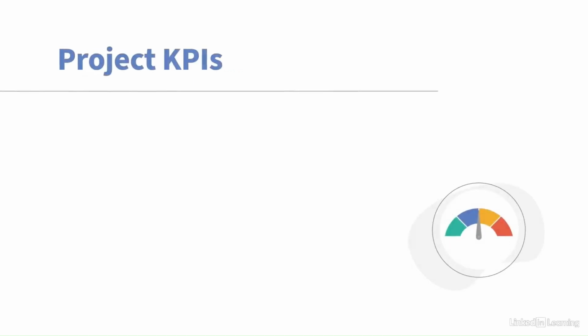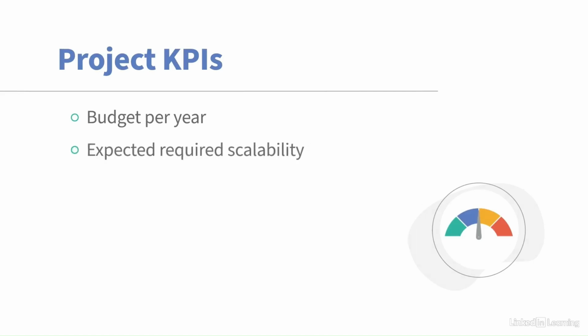Project KPIs are something that you find all the time, like budget per month or budget per year, so that you know what you can build or which tools you can use, you know the frame in which you operate. The expected required scalability, because then you know, okay, our system is running at this level today and at that level in 6 months. I have a few more details on that in a second.